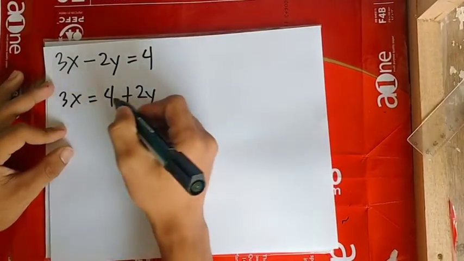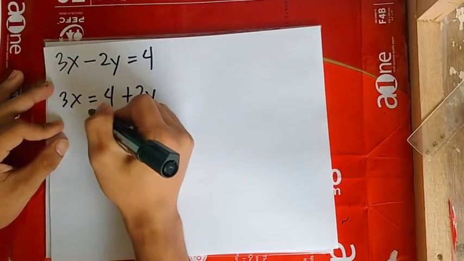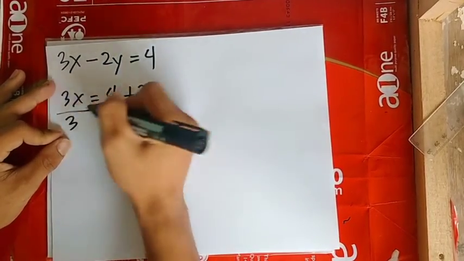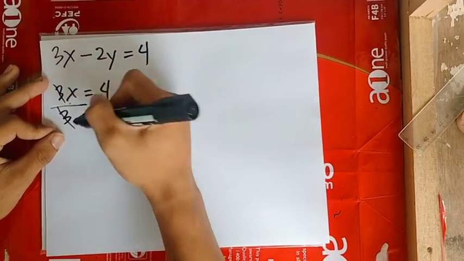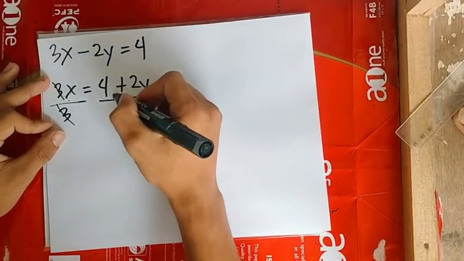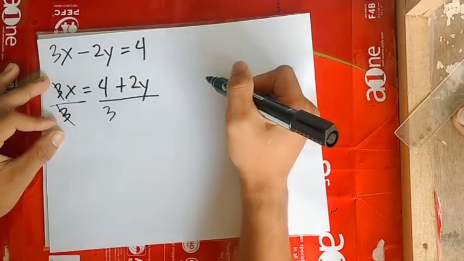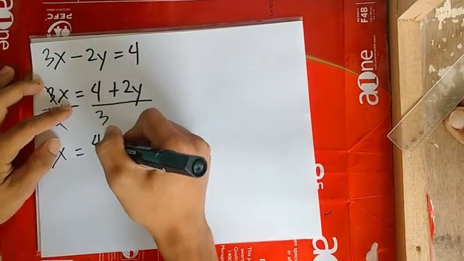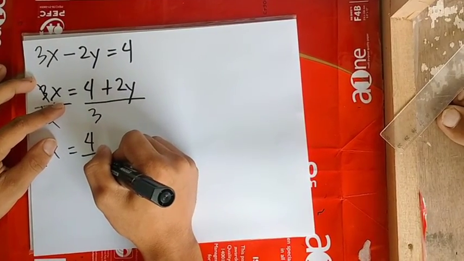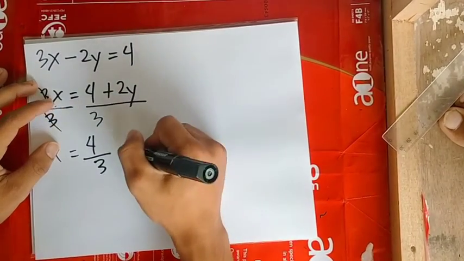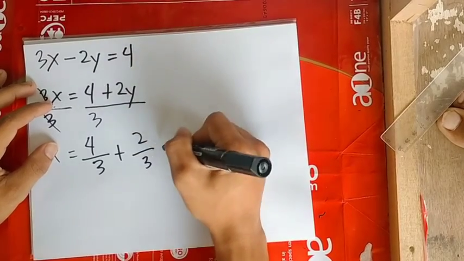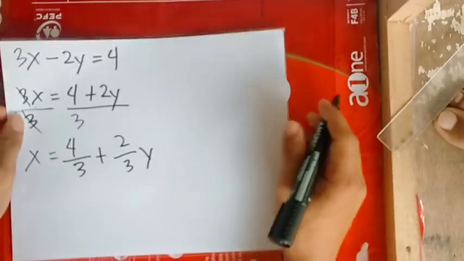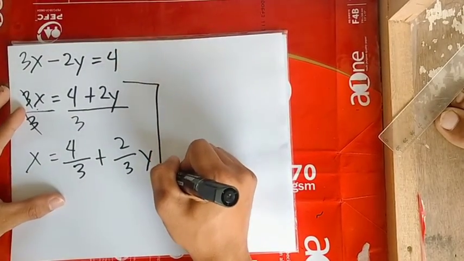So we need to divide both sides by 3. So cancel out the 3. We get x equal to 4 over 3 plus 2 over 3y. So this is the value of x.